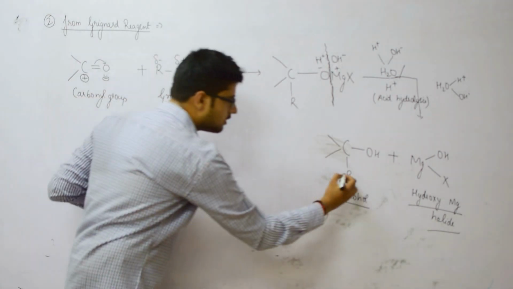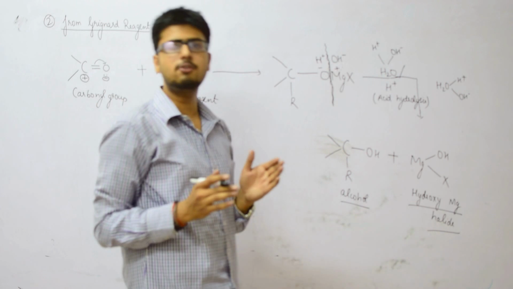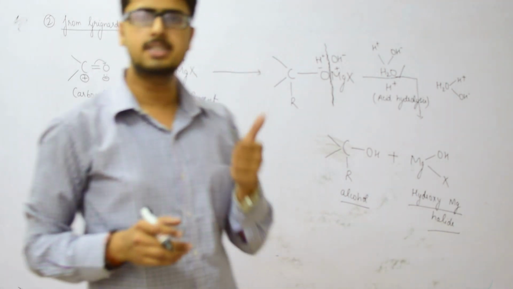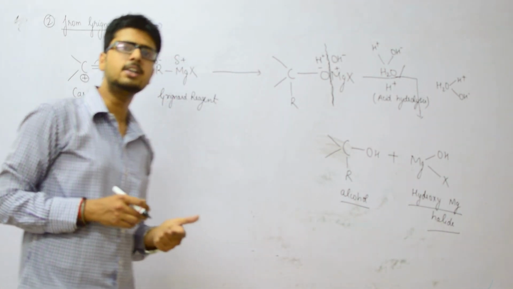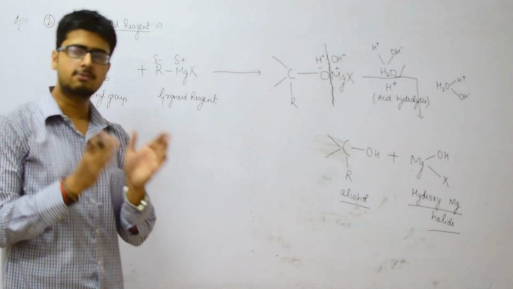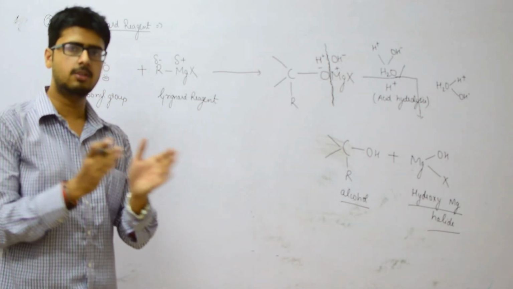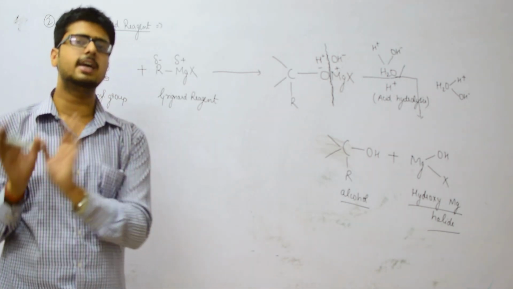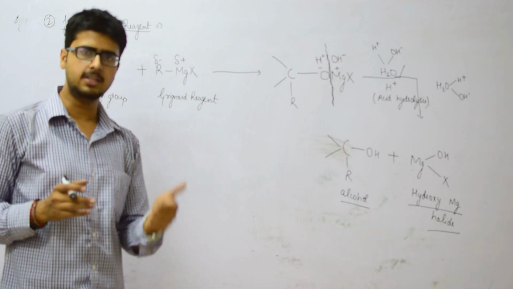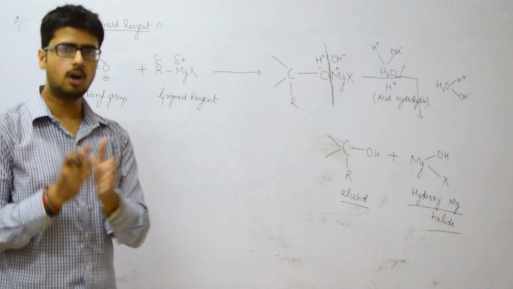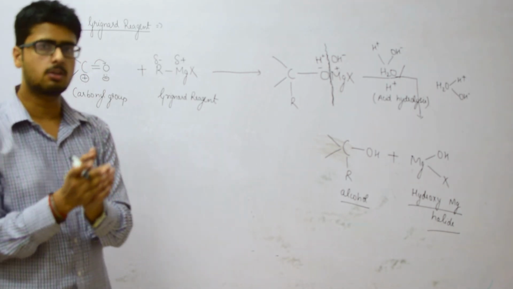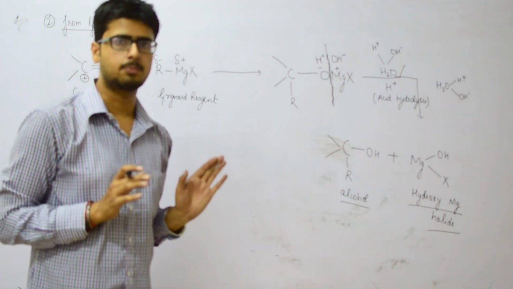Fine. So now we have to form all the 3 types of alcohols, that is primary alcohol, secondary alcohol and tertiary alcohol from Grignard reagent. So we will one by one deal with all the 3 types of alcohols, that is primary, secondary and tertiary, how we can prepare them from Grignard reagent.